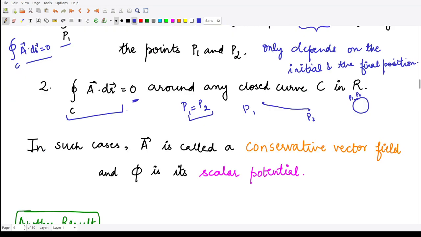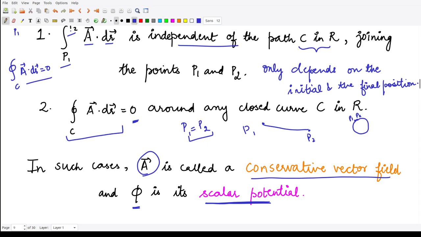And moreover, in such case, the vector A is defined as the conservative vector field, and the corresponding function phi is defined as the scalar potential. So basically this gives you a crisp and concise definition for the conservative vector field, right?